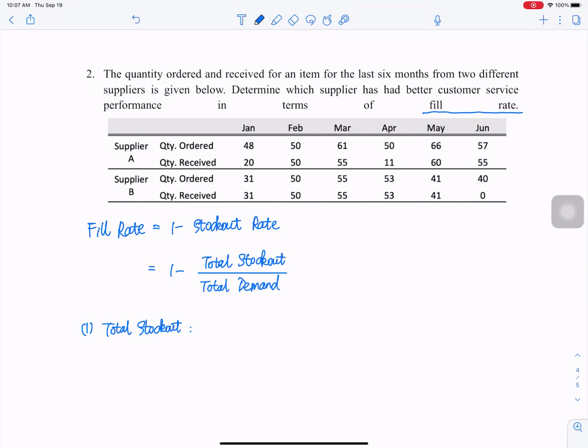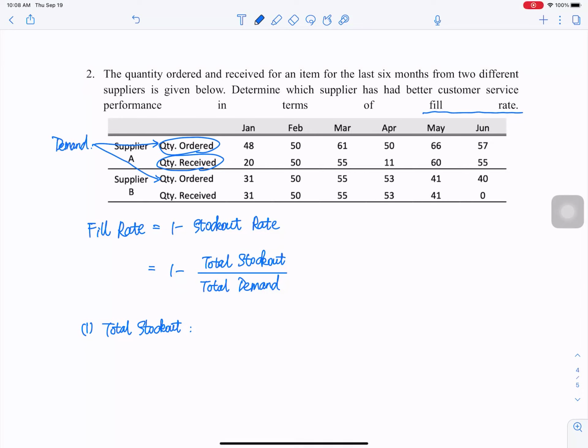So in the table, we can see that there are two values that the table has already given us. The first one is the number, the quantity ordered, and the second one is the quantity received. So the first one, quantity ordered, we regard as the demand.